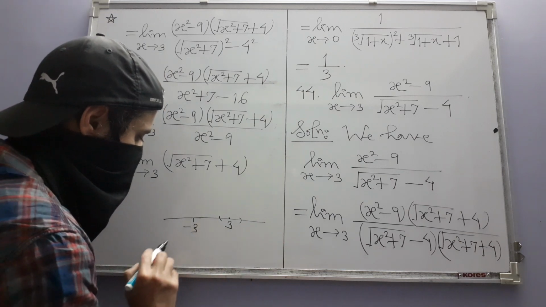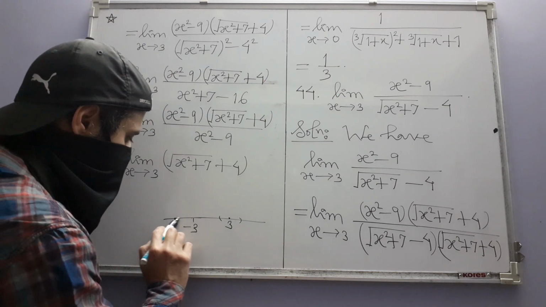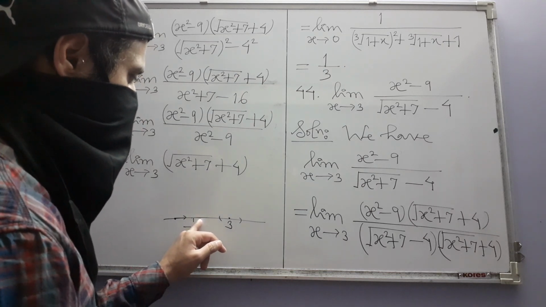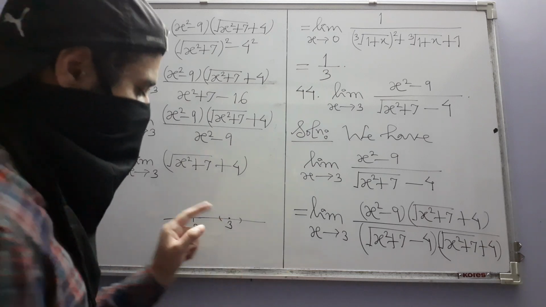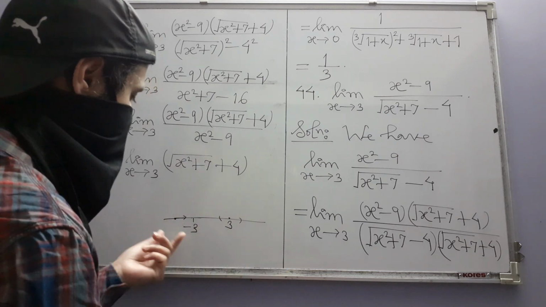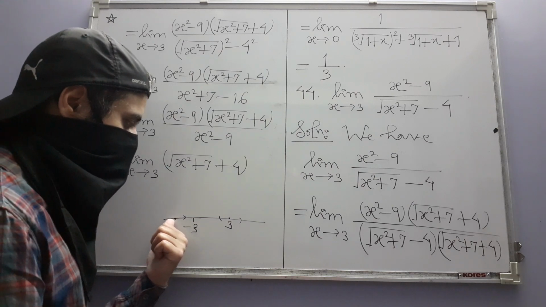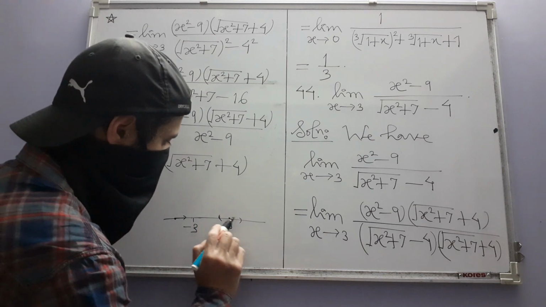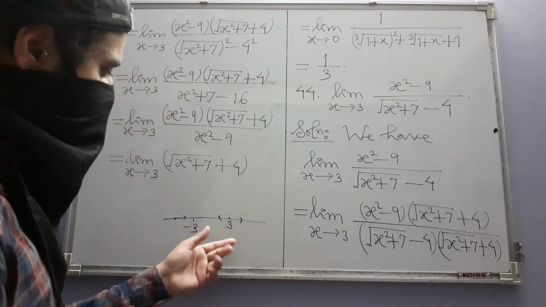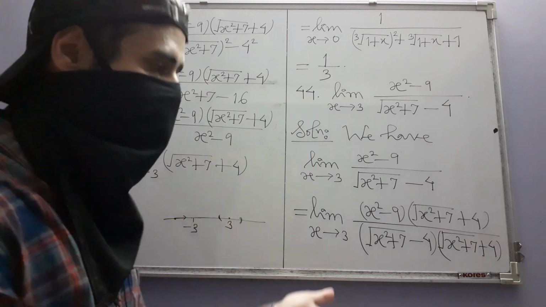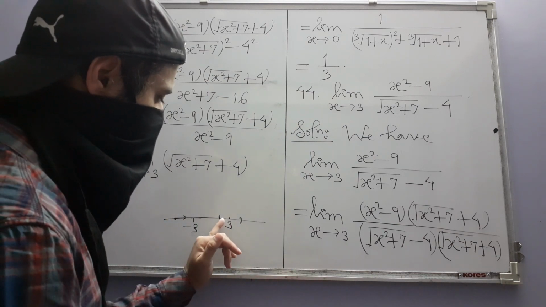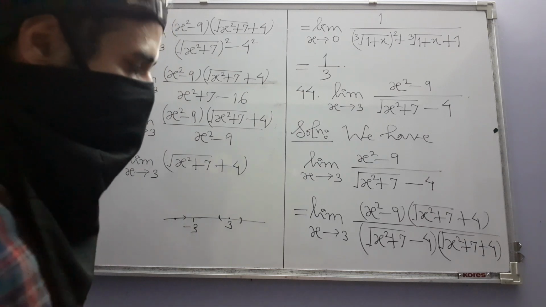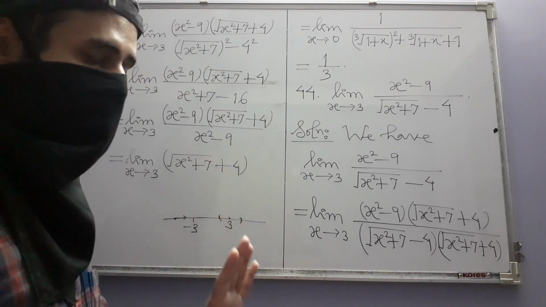So if it happens that x is coming from here, it starts its journey, then it reaches minus 3, but there is no need to consider x here and then you move x towards 3. Not in that way. What limit means is that x is already very close to 3 and then we see what happens if we take it even closer to 3, keeping in mind that we are never taking it equal to 3.